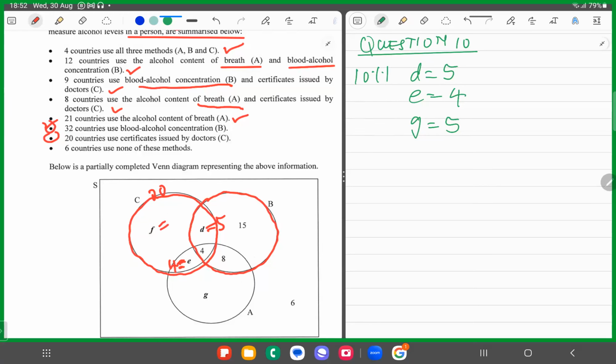Everything in C must be 20. So 4 plus 4 is 8, and then 8 plus 5 is 13. So F can only be 7. So F is 7.